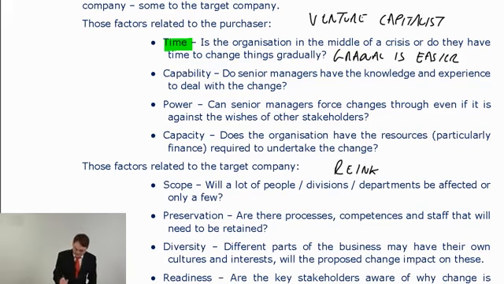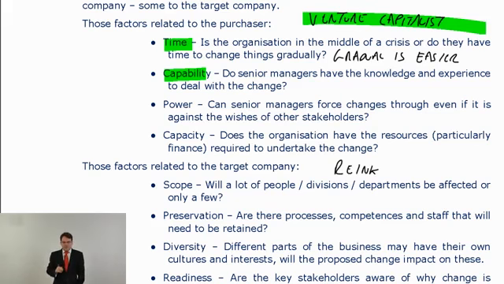Capability. Do the people doing the changing, the venture capitalist company, the purchasing company, do the managers there have knowledge of change management? Have they dealt with it before? In the exam, the examiner will tell you.